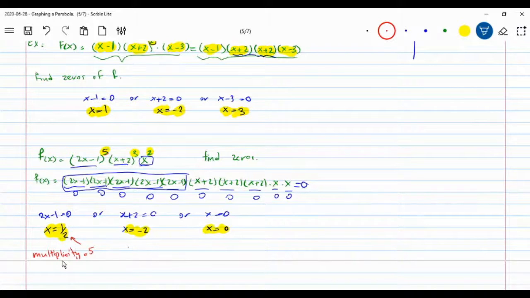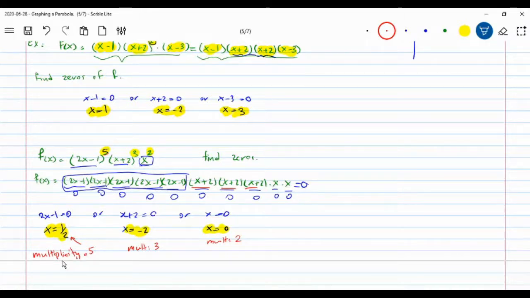How about for the other solutions? This m is not the slope, it's the multiplicity. So I'm going to use MULT. Multiplicity here for the solution x equal to -2 is 3 times, because I have x plus 2 three times. So I'll get that solution 3 times. x equal to 0 has multiplicity 2.